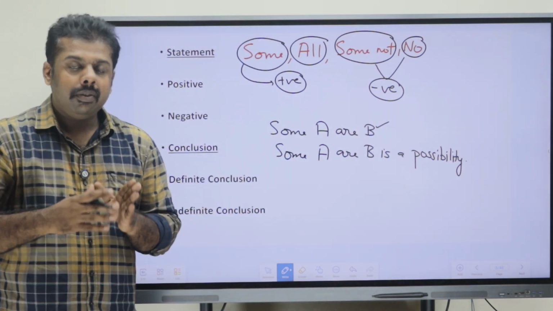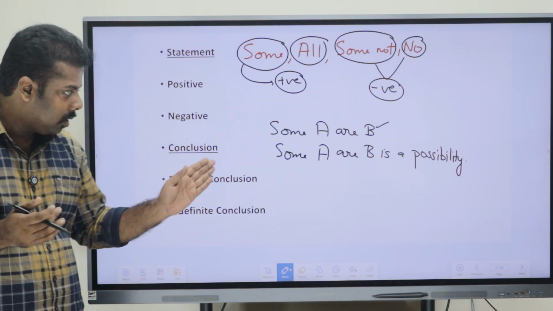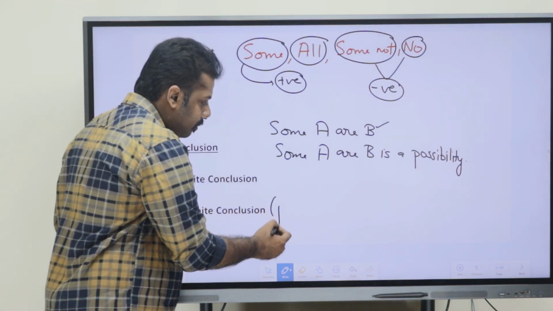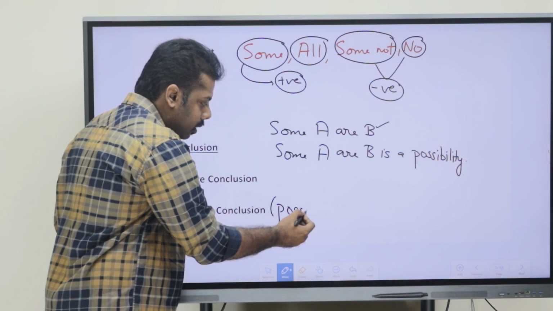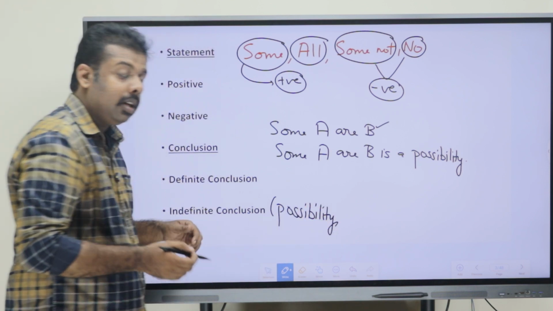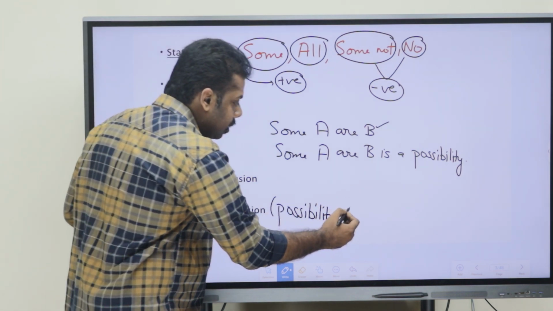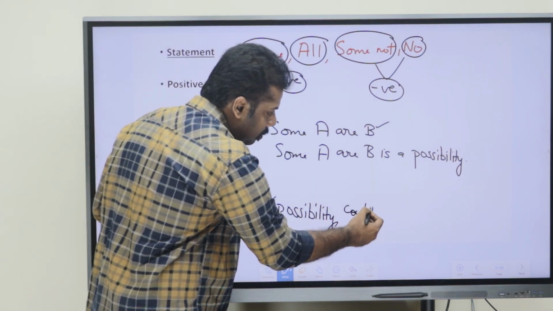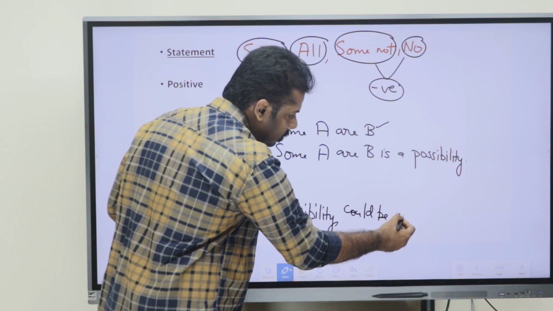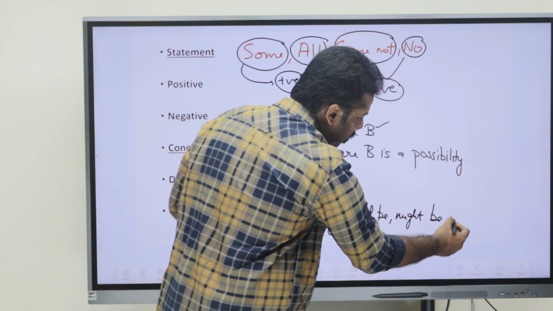Okay, so indefinite conclusions are mostly connected using words like possibility. If a conclusion has the word possibility, you can easily understand it is an indefinite conclusion. Then could be, might be, maybe.